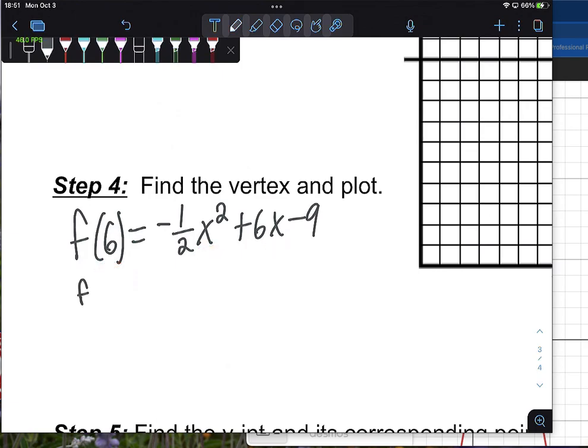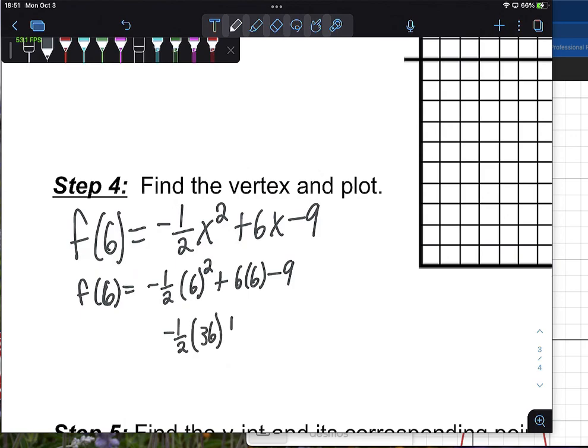So f of 6 is equal to -1/2 times 6 squared plus 6 times 6 minus 9. 6 squared is just going to give me 36, so we have -1/2 times 36 plus 36 minus 9.